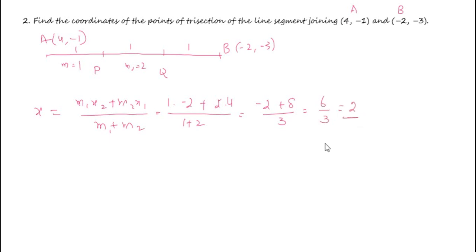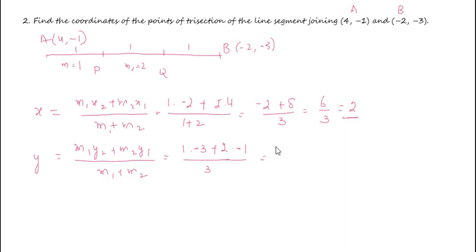X coordinate is 2. Let us find out y. Y coordinate is m1 y2 plus m2 y1 divided by m1 plus m2. Denominator is 3, does not change. m1 is 1 into y2, 1 into minus 3, plus m2 is 2 into y1, that is into minus 1.